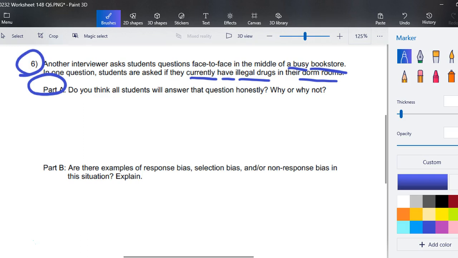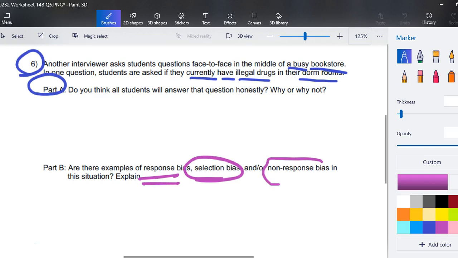So part B, would you consider this an example of response bias, selection bias, or non-response bias in this situation, and explain? Well, there may be selection bias because the sample was not obtained randomly. There also could be response bias because some of the students might answer the question dishonestly to protect themselves.